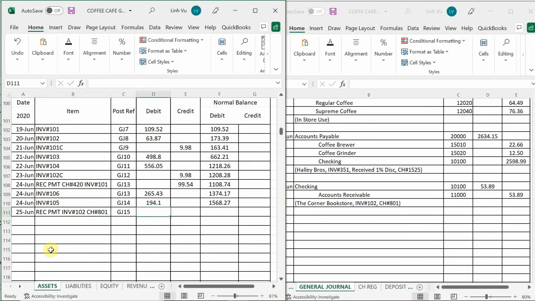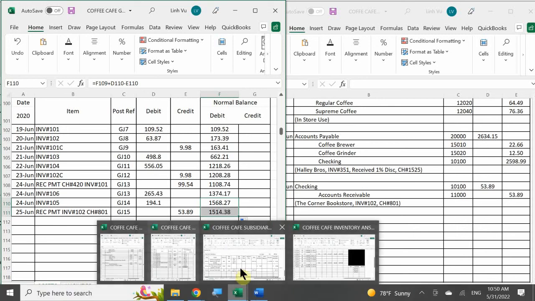And we're going to reduce it by $53.89 because that was the check amount. So that should leave me with now $1514.38. Not much of a budge in the account, but we received the payment.